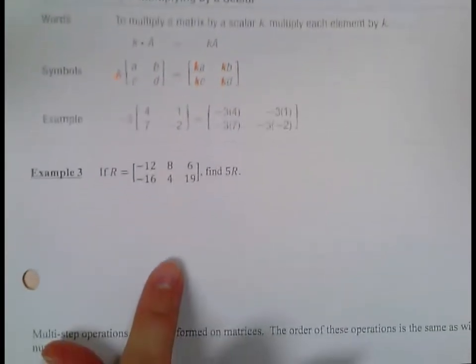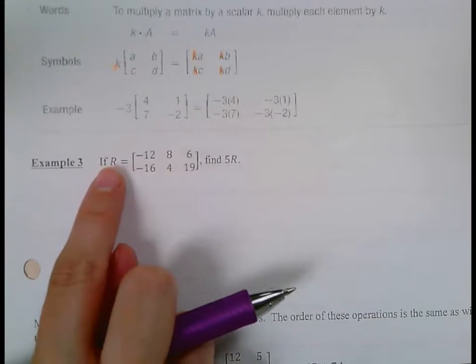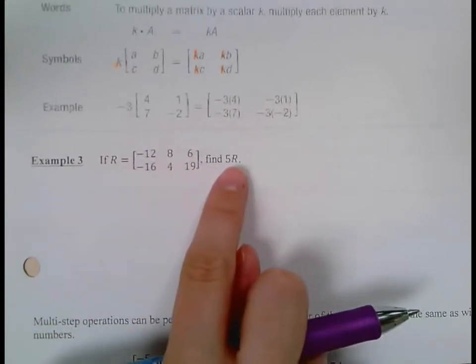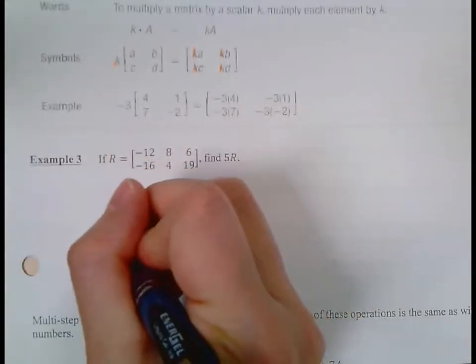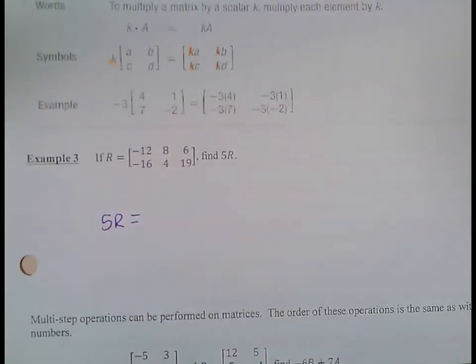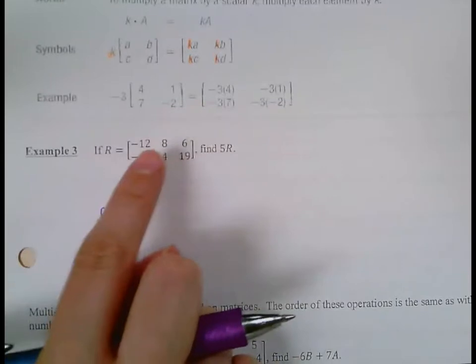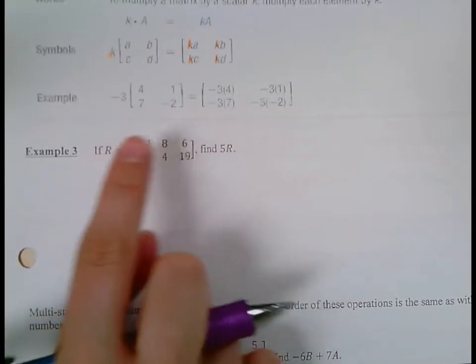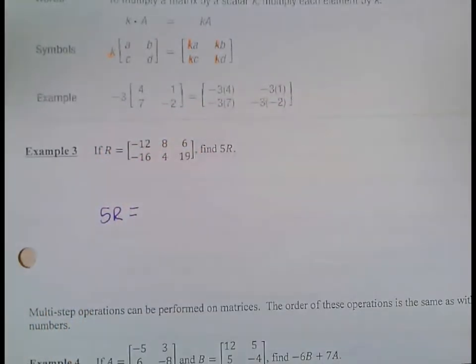So in example 3, if I have matrix R, it wants me to find 5 times R. I know this does not really matter in this situation, and it's not asking for it, but just to practice, what dimensions does matrix R have?